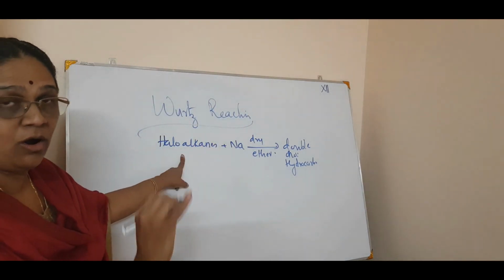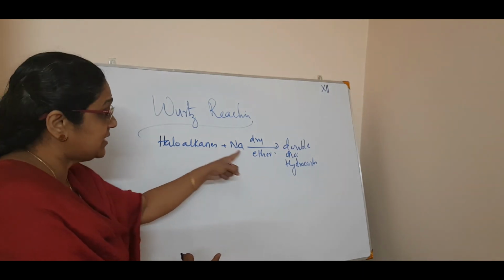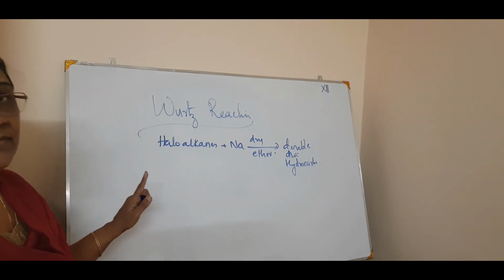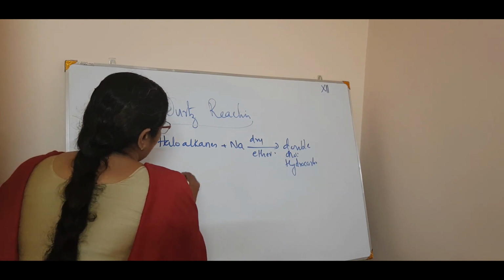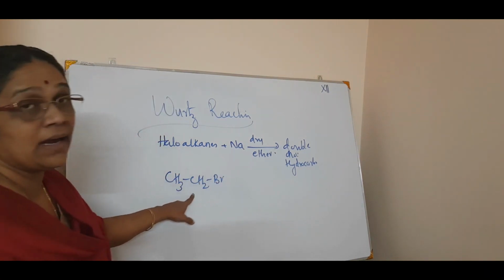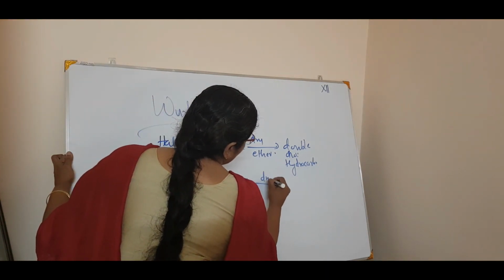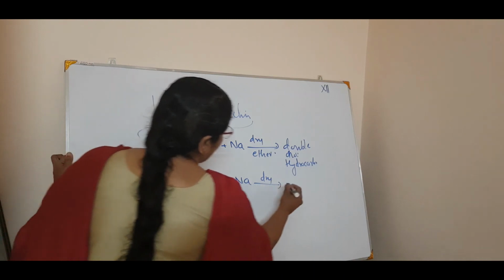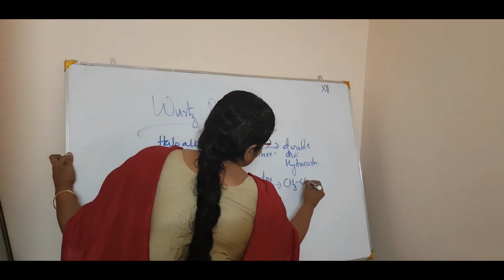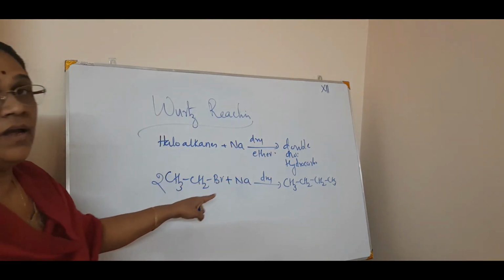The bromine will go off with sodium and you will get double the number of carbons in the hydrocarbon. I will tell you one example. For example, CH3CH2Br. This is a haloalkane. When it reacts with sodium in dry ether, what will you get? You will get CH3CH2CH2CH3. See? It will double it.